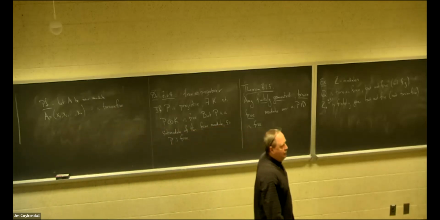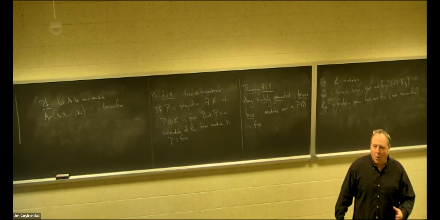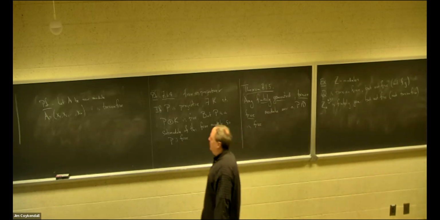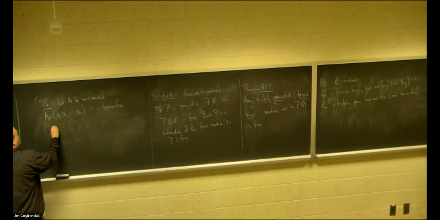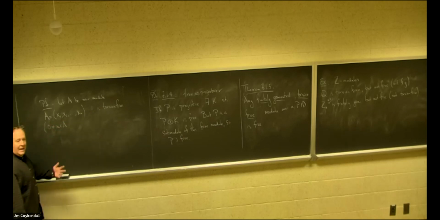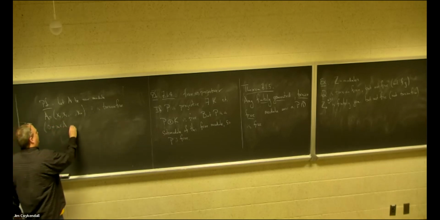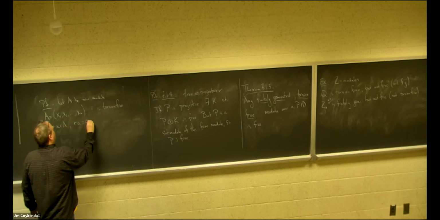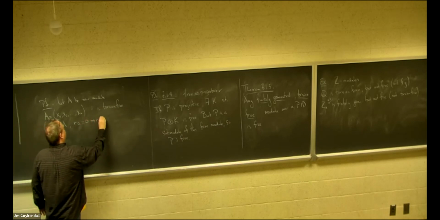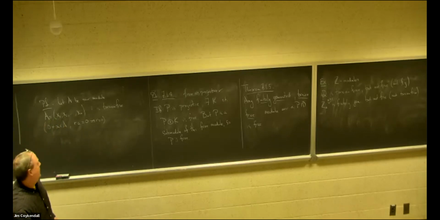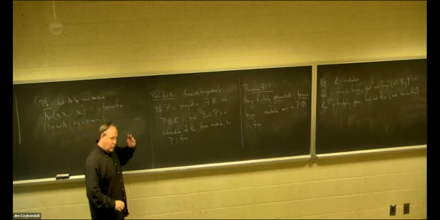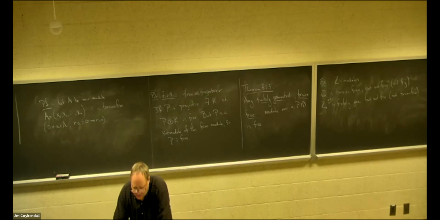Let me just remind you so that we're all on the same page what I mean by torsion free. If you have a non-zero element, say a, that lives in A, then ra equals 0 implies r equals 0. So torsion free means the only element that can be multiplied by a non-zero element to get 0 is 0 itself.